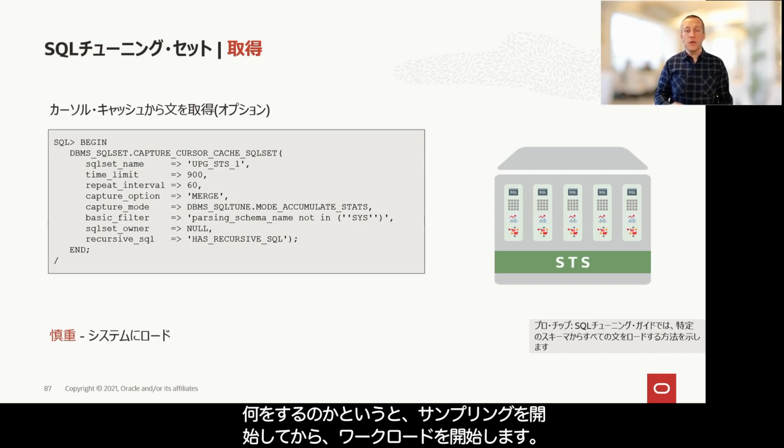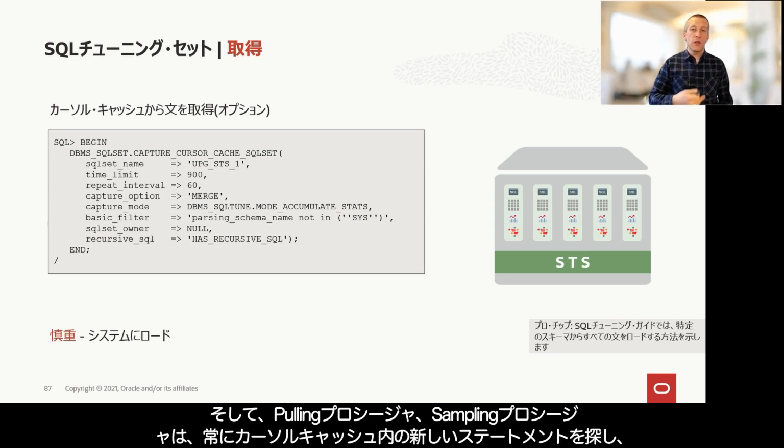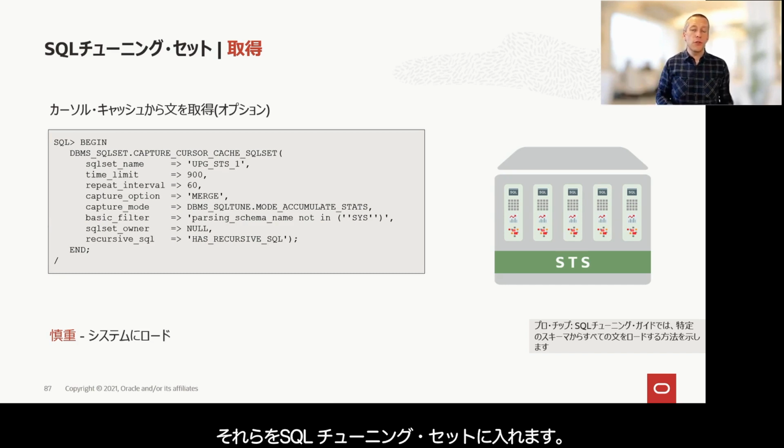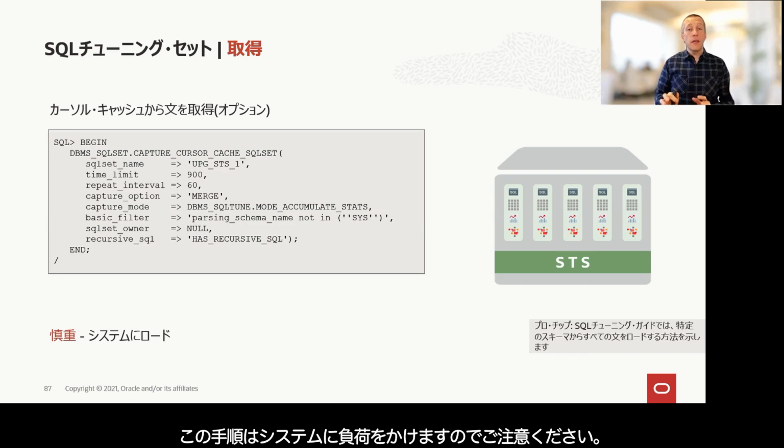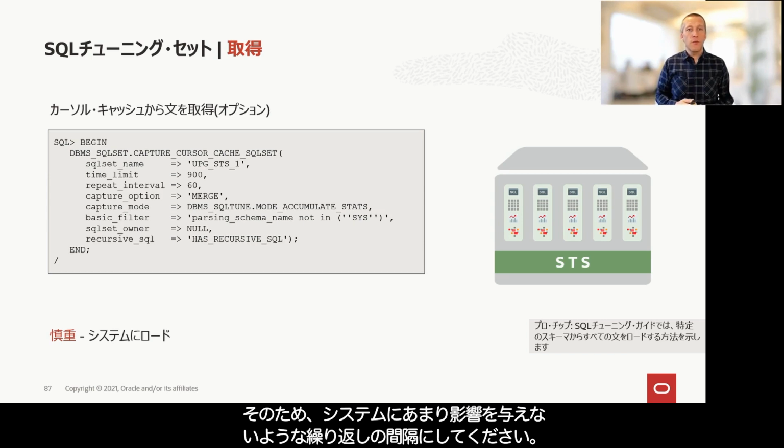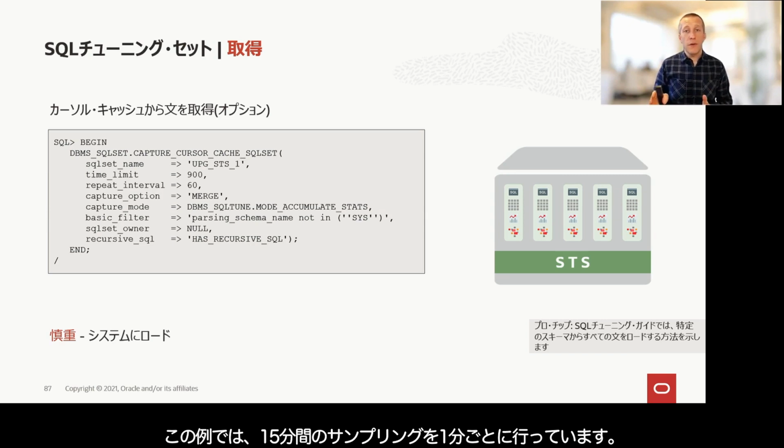What you do is that you start the sampling, then start your workload, and the polling procedure or sampling procedure will constantly look in the cursor cache for new statements and put those into the SQL tuning set. Now, be advised, this procedure does put some load on your system, so adjust the repeat interval to something that doesn't affect your system too much. In this example, I'm sampling for 15 minutes, and I do it every minute.